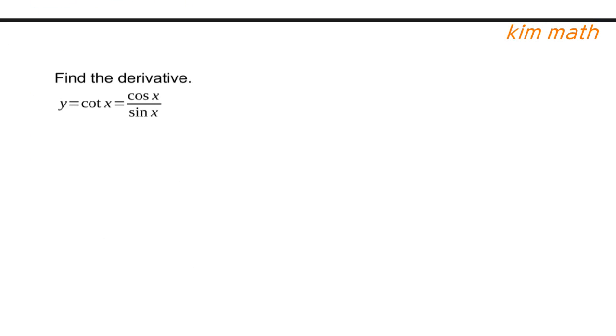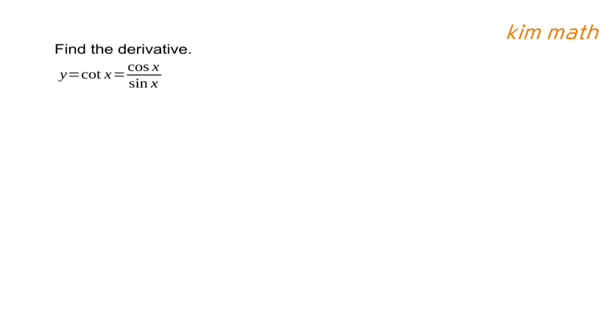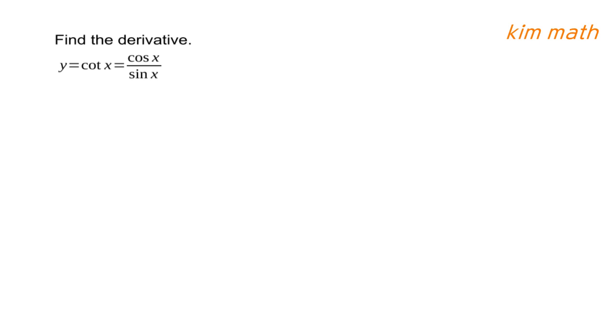Okay, last question. Find the derivative of cotangent. Since cotangent equals cosine of x over sine of x, we can use the quotient rule one more time. After this, we will make this one of our formulas. One more time, if you have f over g, then the derivative is f prime g minus f g prime over g squared, right?